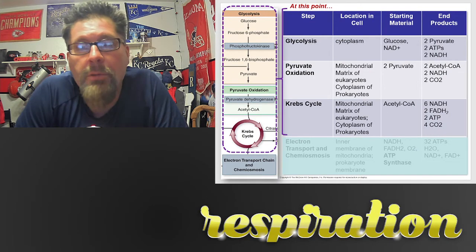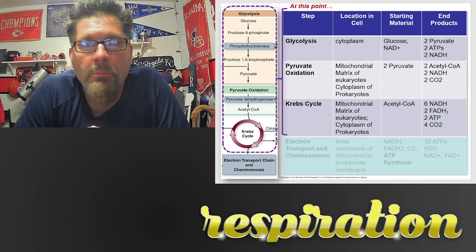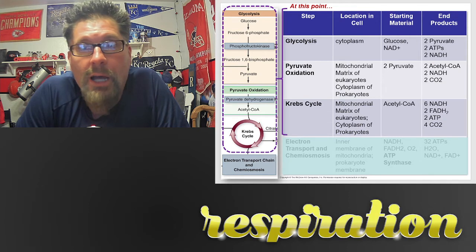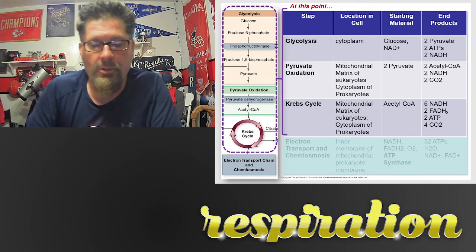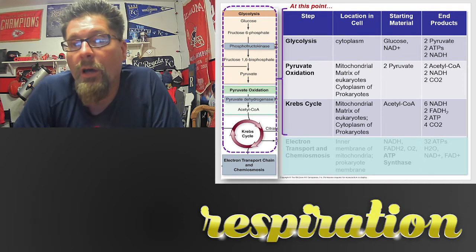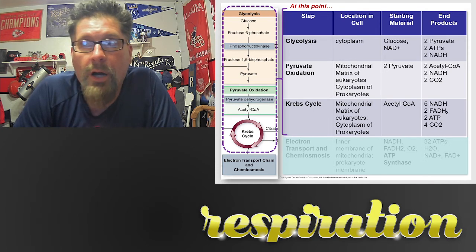So again, here's our purple summary, and you can see that we're building it slowly. Now we've got 3. These are the slides that you're really going to want to pay attention to when it comes time for quizzes and tests, because they have all the information on them: locations, starting materials, end products.